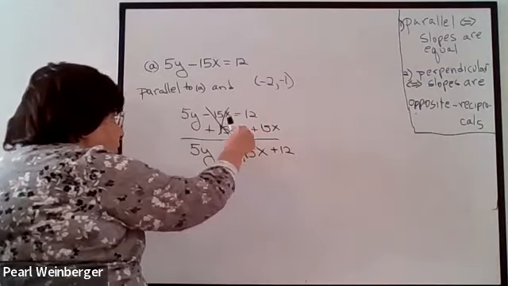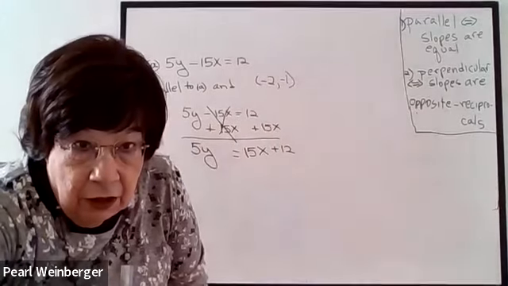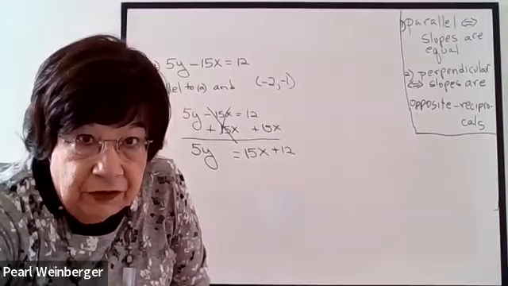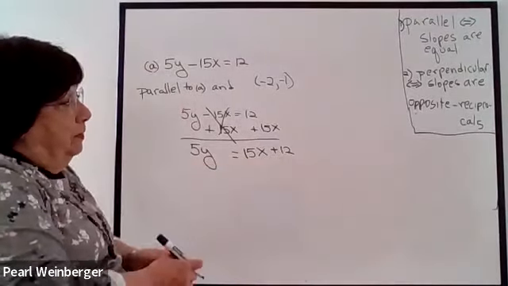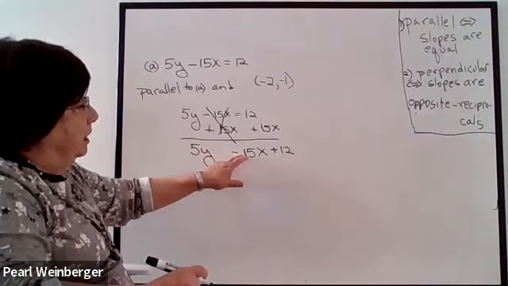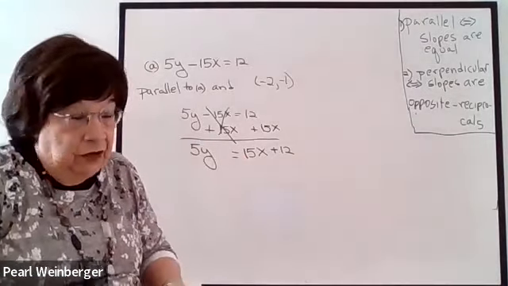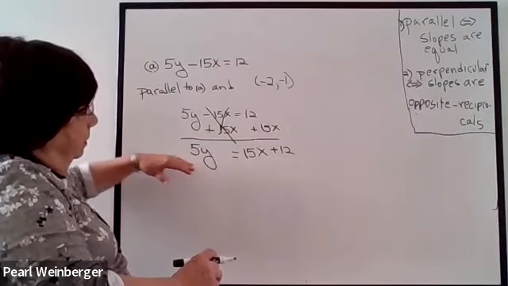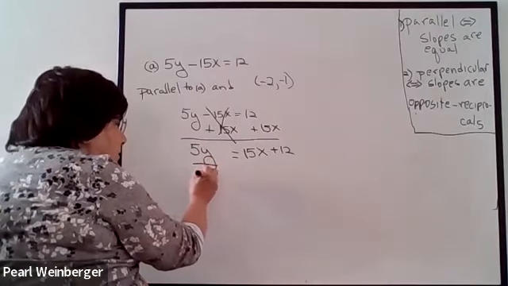Everything is positive. You don't have to put the positive sign in front of the number unless it's in between, because then you just need something in between. 5y and 15x are both positive because they don't have any negative sign in front of them. Okay, I'm almost finished in this step because I have to get the y by itself, which means I have to divide by 5.